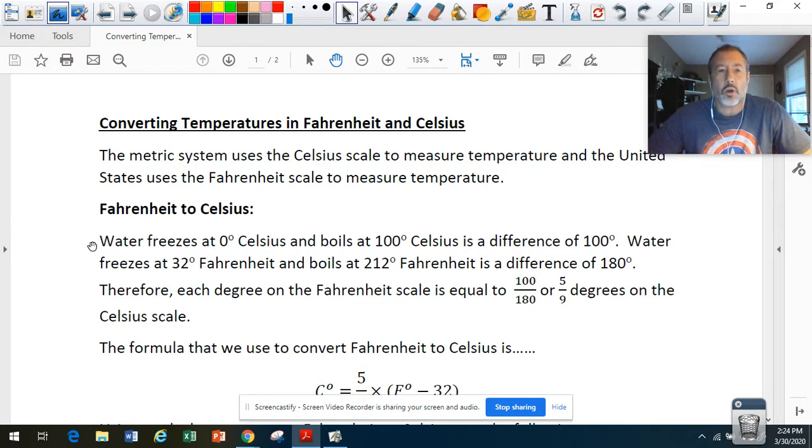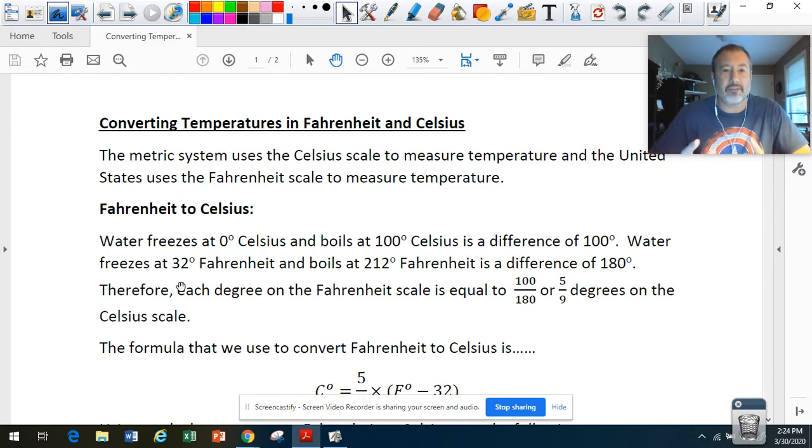I took 212 minus 32 degrees, which gave me a difference of 180 degrees here. Therefore, each degree of the Fahrenheit scale is equal to 100 over 180, or if we reduce this down, 5 over 9, or 5/9 degrees on the Celsius scale.